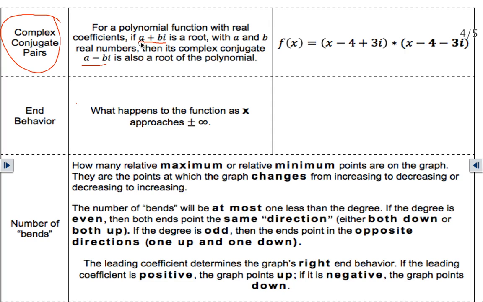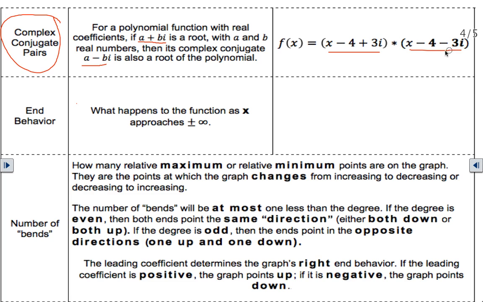But if you have one root that's imaginary, then you will have two of them. One will have a positive in front of the i times whatever number is multiplied by i, and one will have a minus in front of the number times i. Okay, so here is an example of one.